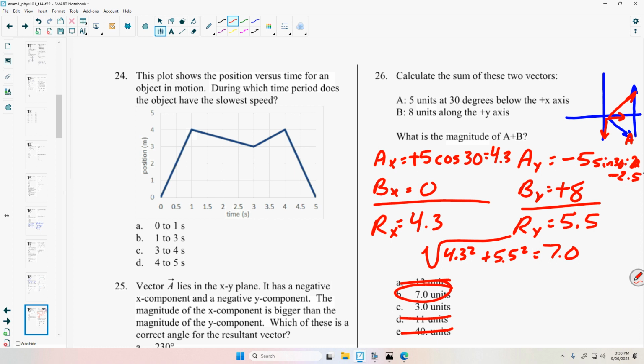Draw the picture. That'll help you to sort of whittle it down a little bit to the right answer. And then take the x and y components, add the x components, add the y components, use the diagram here to find the result. Or use your inverse tangent to find the angle. That's what I'm asking. You might have to know that too.